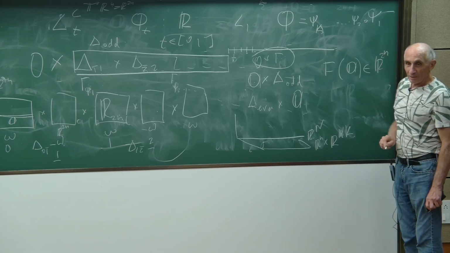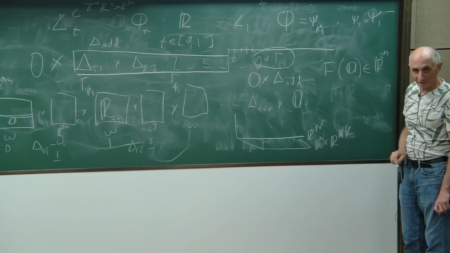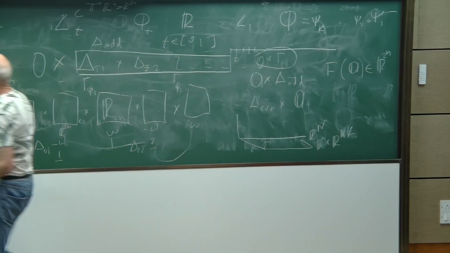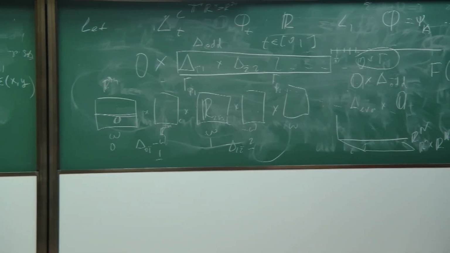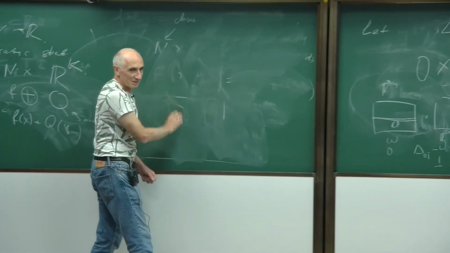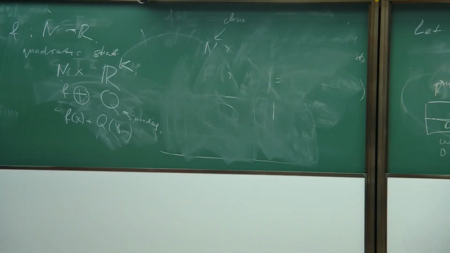And now my claim is the following. Where is this 0 section? It's the following thing. Phi of 0, phi of 0 section.